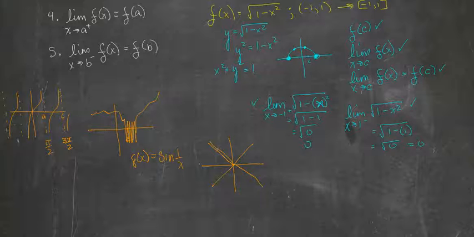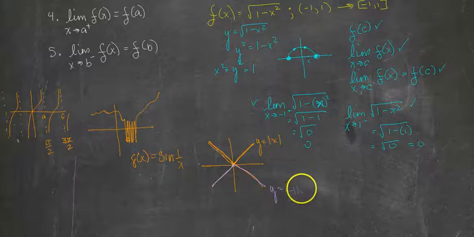So I have this top function, which I would describe as y equals the absolute value of x, and this bottom function, which would be y equals minus absolute value of x.